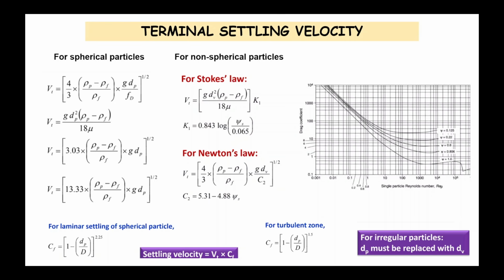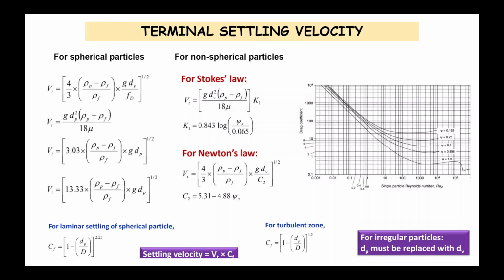Now, we also bring in or relax another assumption, that is the effect of the wall over the fluid flow. Then again, we see whether the flow is going to be laminar. In that case, the CF factor is going to be 1 minus dP by d whole power 2.5. In case of laminar flow, it is going to be 1 minus dP by d whole power 1.5. This equation remains valid for spherical particles.